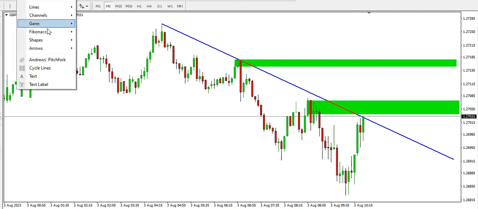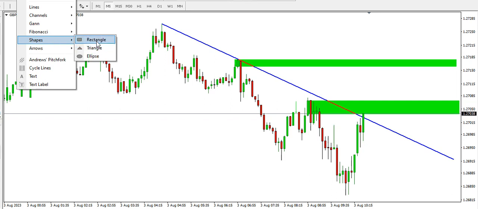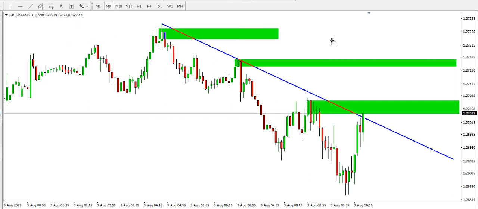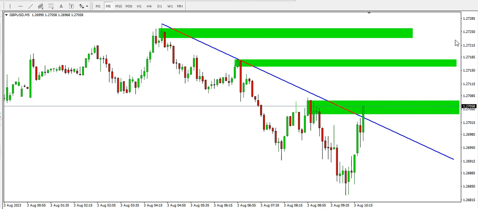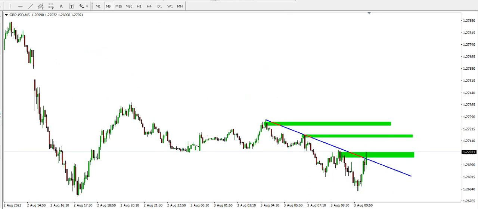We have another block on the 5 minutes time frame around here. So price needs to break this before attempting to go up. Of course, we have another block around here. We have another one here.